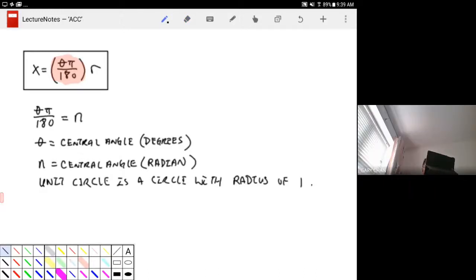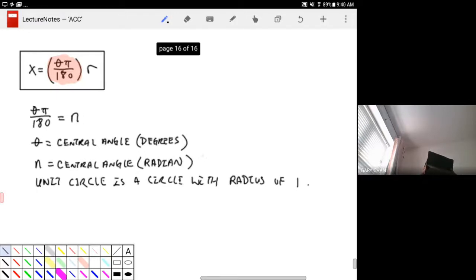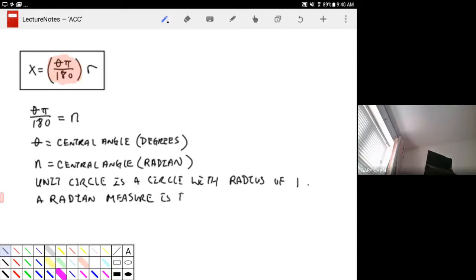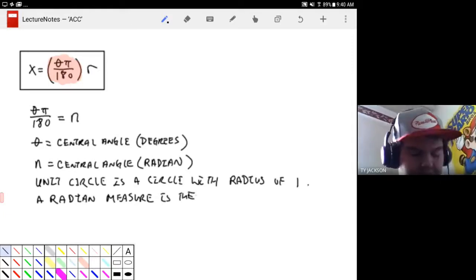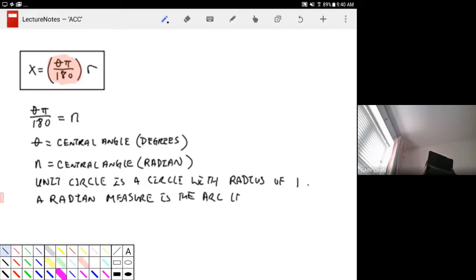This concept of a radian measure is way more natural for thinking of an angle. I'll put another footnote here: a radian measure is the arc length of a unit circle.